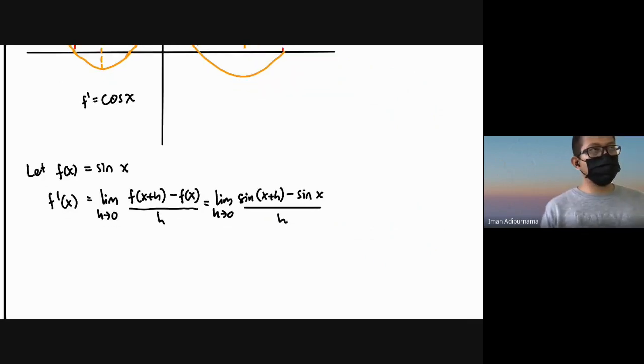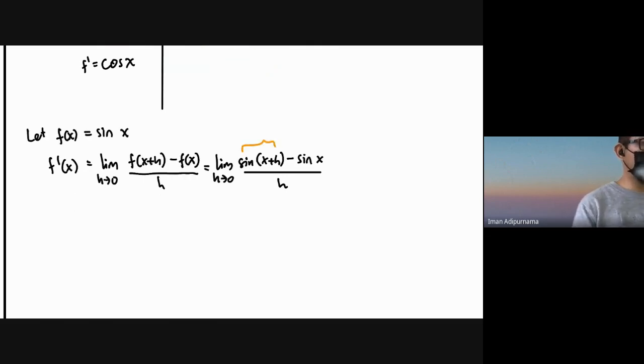Now you may need some skills in trigonometry to solve this sine x plus h, to expand that sine x plus h. I hope you still remember.